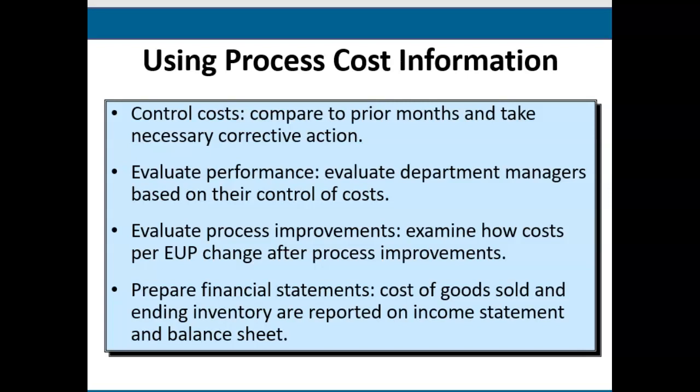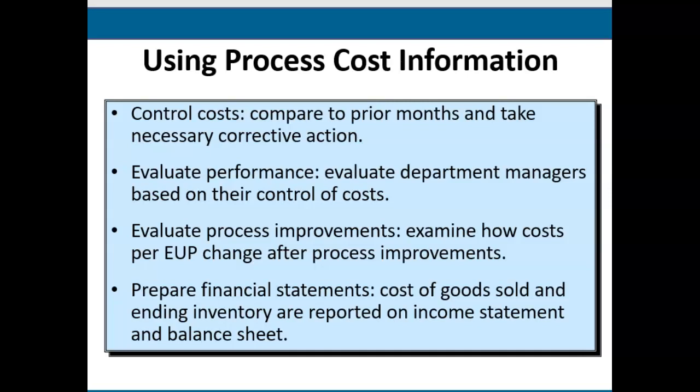So when we control costs, we look at the prior months and we make adjustments as we need. We evaluate performance. We look at the department managers and how they controlled their costs.